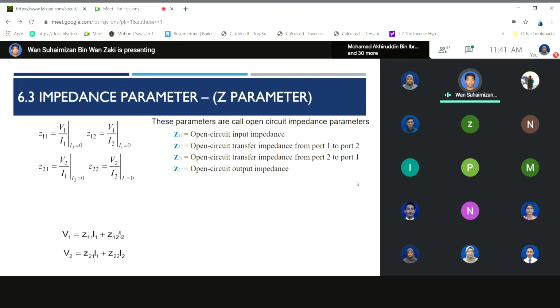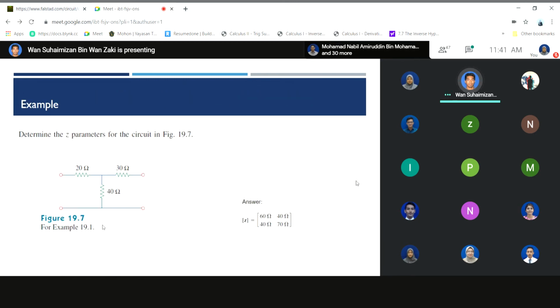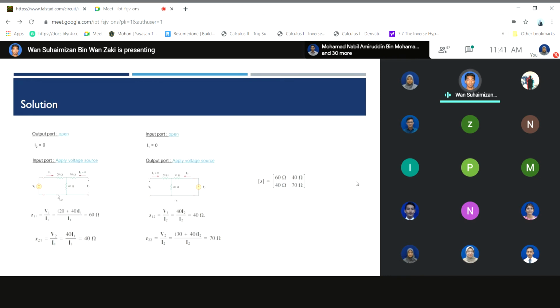So from this equation, basically, you can get Z11. So first you say I2 equals to 0, you need to find the ratio between V1 and I1. For this ratio, you don't have to know what the voltage or the current is. What you need to do is a ratio only. So according to this ratio, V1 over I1.